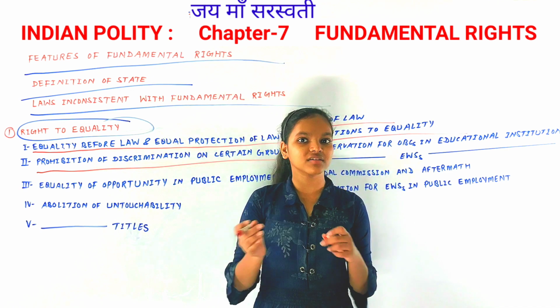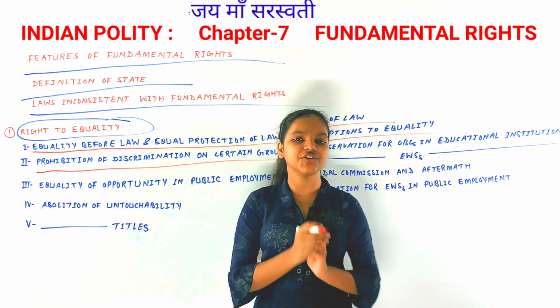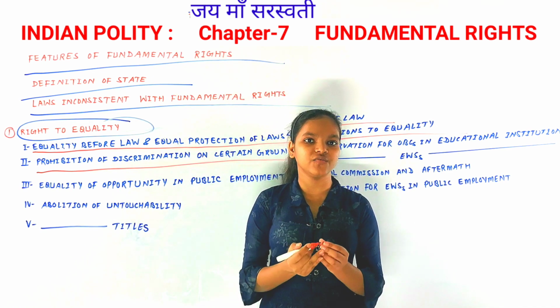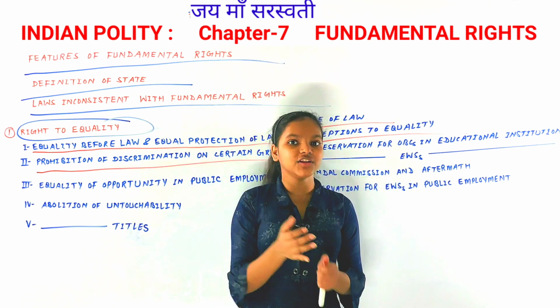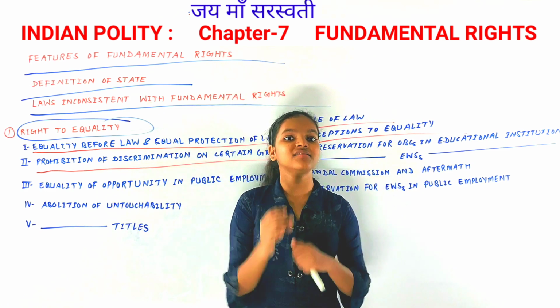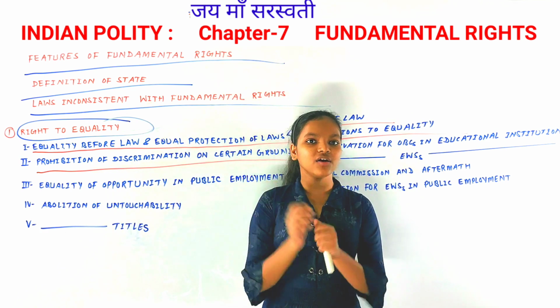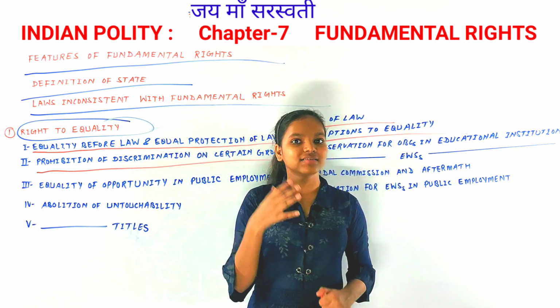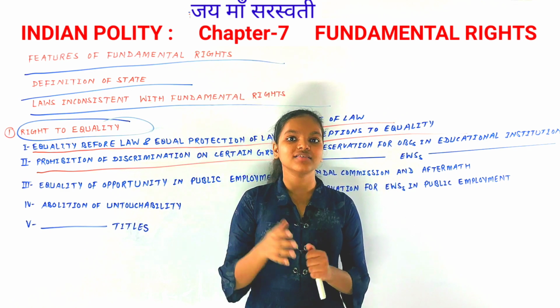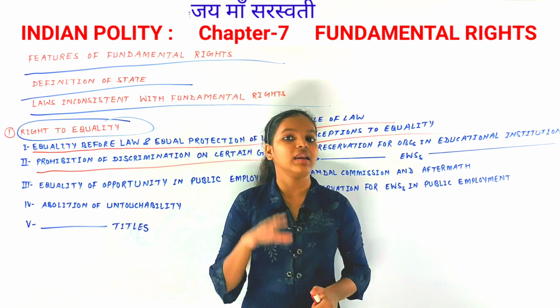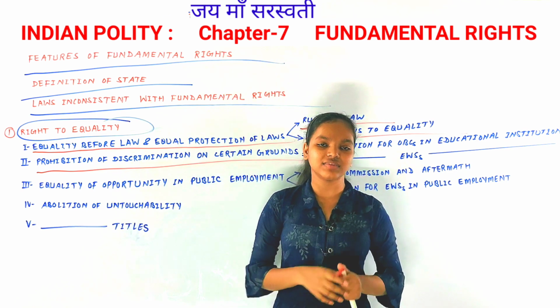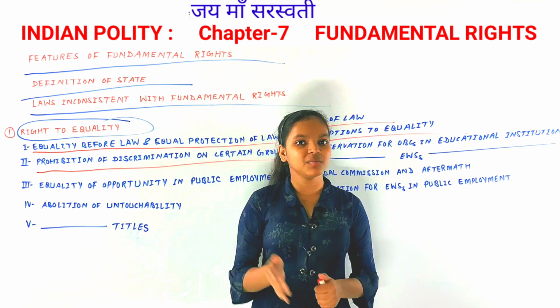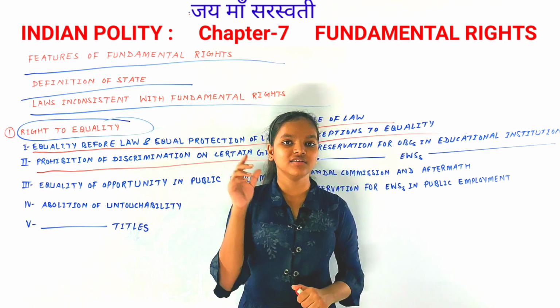As we have discussed Article 14 of the Constitution, now comes Article 15. Article 15 provides that the state shall not discriminate against any citizen only on the grounds of religion, race, caste, sex or place of birth. Now there are two very important words: discrimination and only.